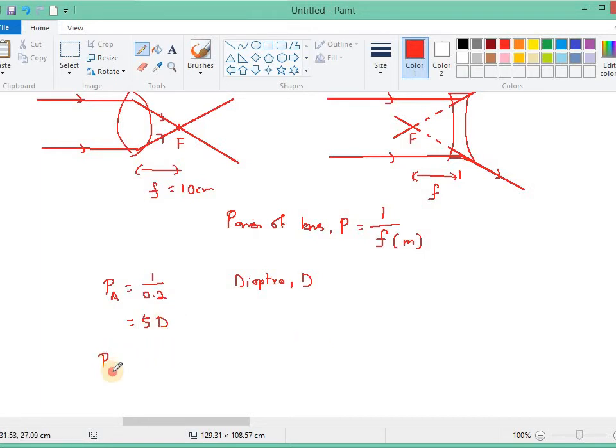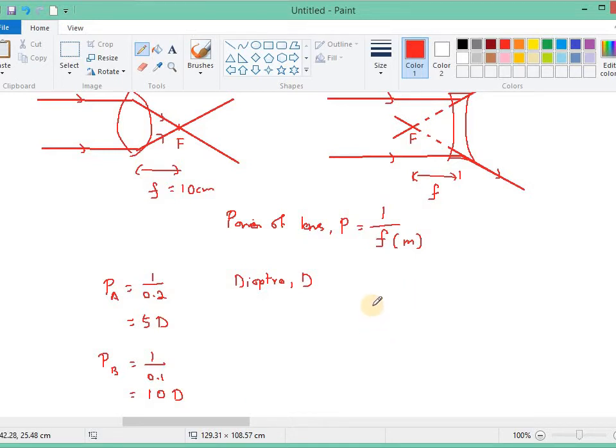For lens B, 10 centimeter, so 0.1 meter. So it's 10 diopter. Alright.